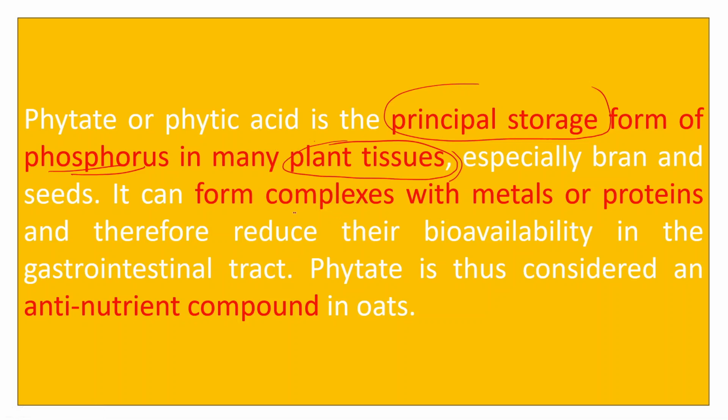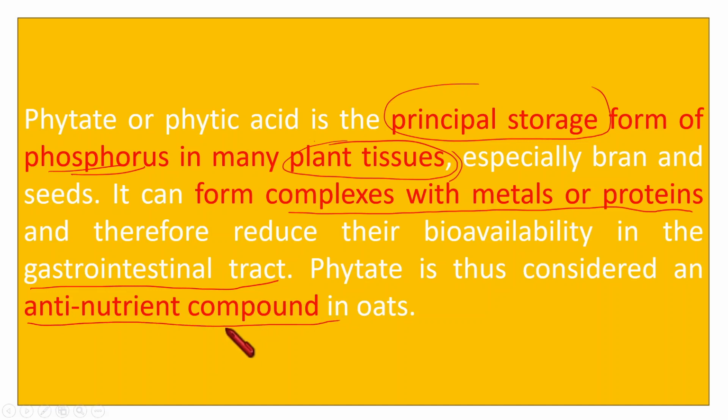As we include such type of food in our diet, this phytic acid reaches our body and forms complexes with the metals or proteins available in our body and affects their proper absorption from the gastrointestinal tract. So in that way, we could understand that this phytic acid is an anti-nutrient compound.